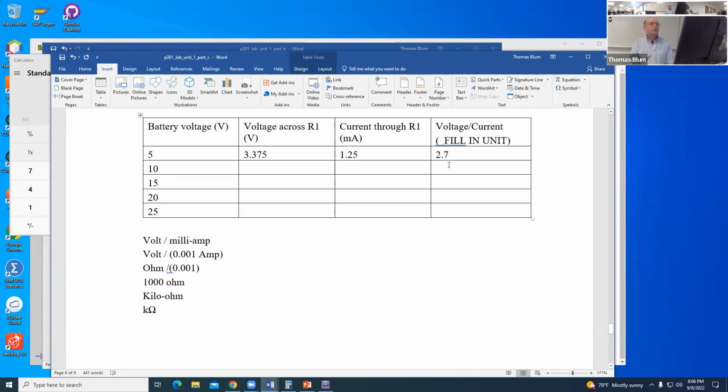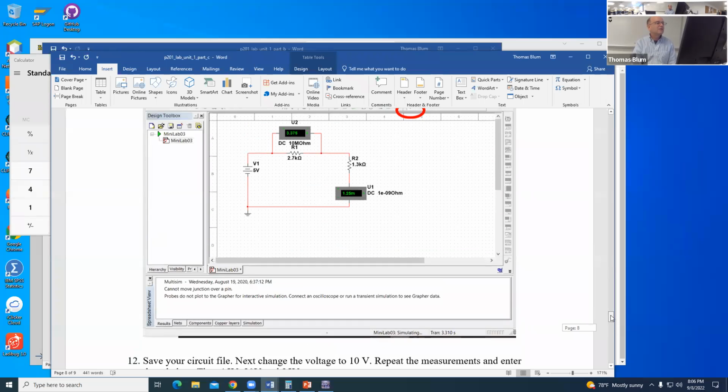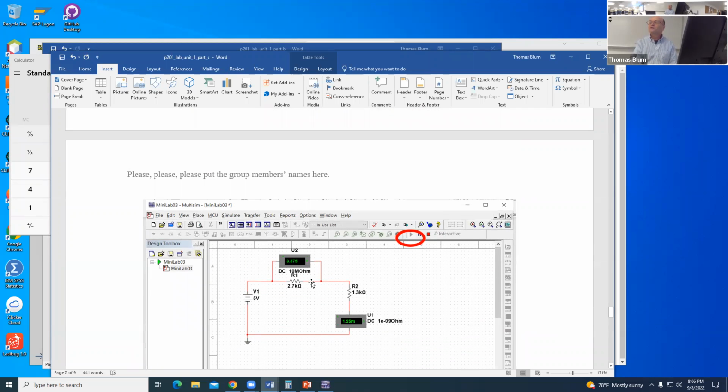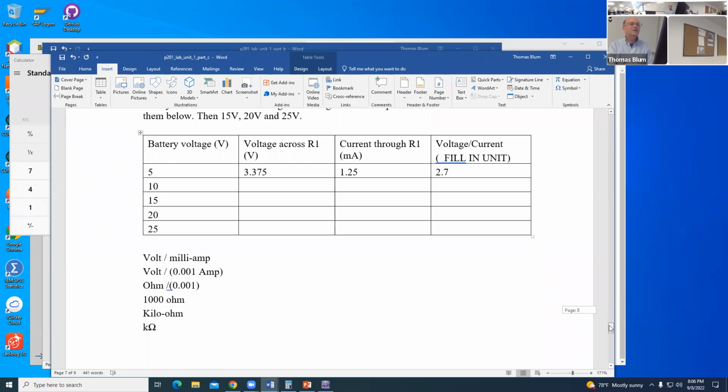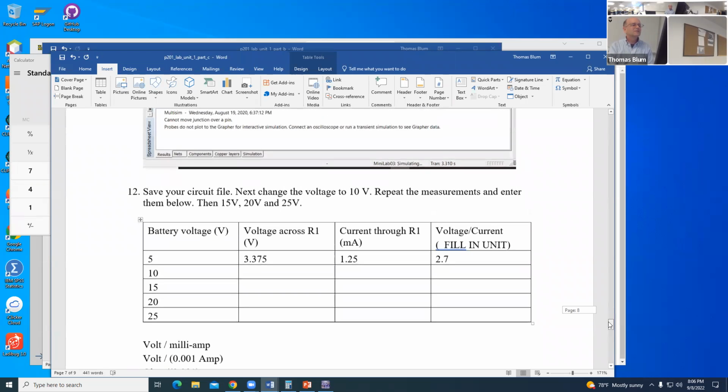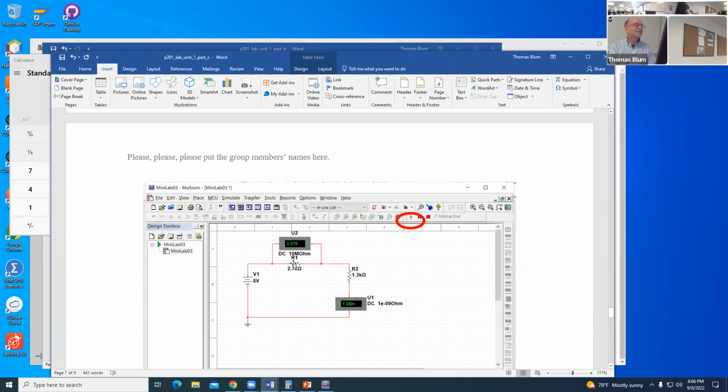And if the world is right, these should all be roughly 2.7. And the 2.7 was what you were measuring the resistance of. You measured the resistance of the 2.7 kilo ohm resistor, so you should get 2.7 kilo ohms.